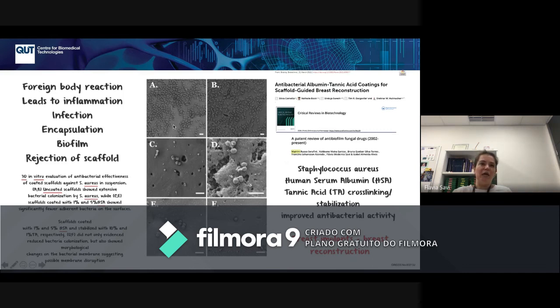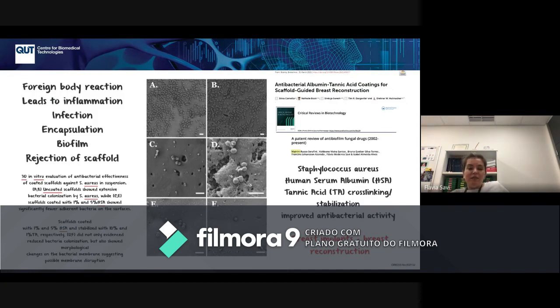What she found is that when she coated the scaffolds with human serum albumin, pictures A and B are the uncoated scaffolds, and you have a lot of bacteria on them, and figures C and D are the scaffold coated with human serum albumin, and you can see that there is much less bacteria on it. Figure E is the scaffold coated with human serum albumin cross-linked with tannic acid.